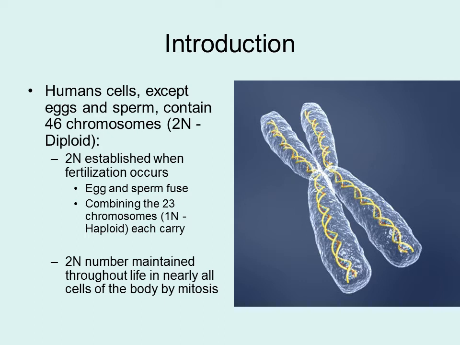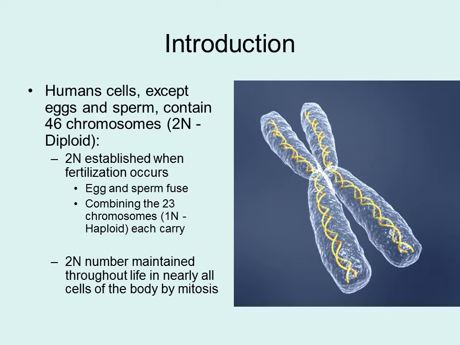From a genetic standpoint, we would typically refer to this using the term diploid, or for diploid, we often use the abbreviation 2N. Basically, what it means is you have 23 pairs of chromosomes.